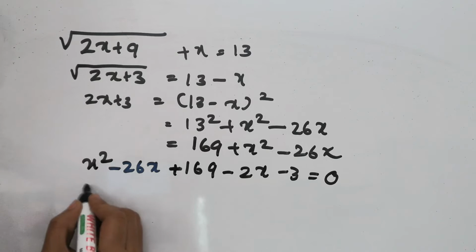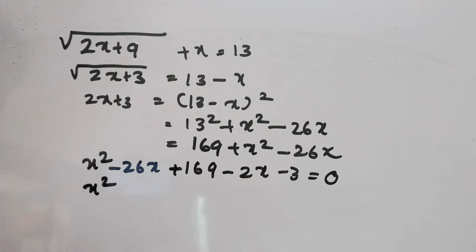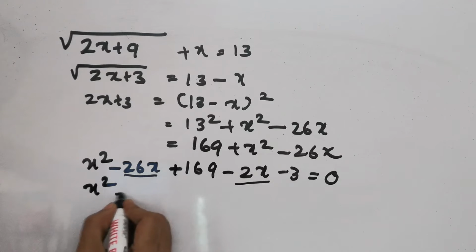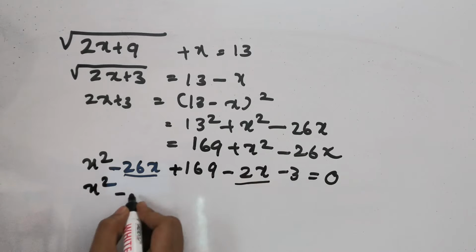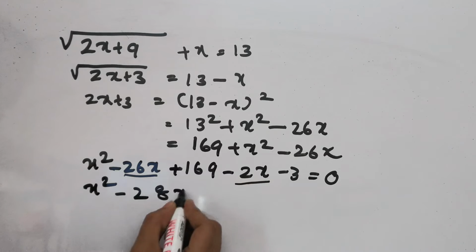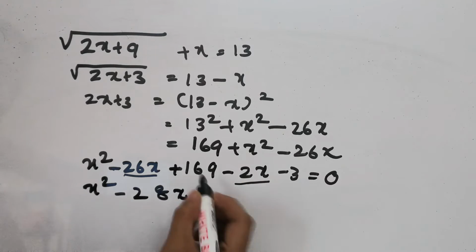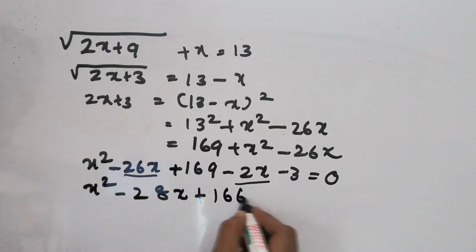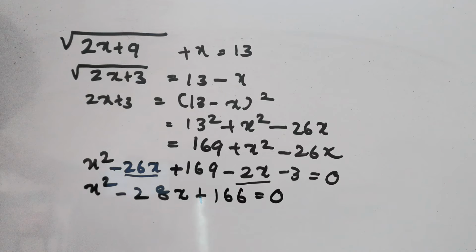There is only one x square term, so we write x square here, and next is minus 26x and minus 2x, so we add them, negative and negative, negative 28x, plus 169 minus 9. What is 169 minus 9? That becomes 160, which is equal to 0. Clear?